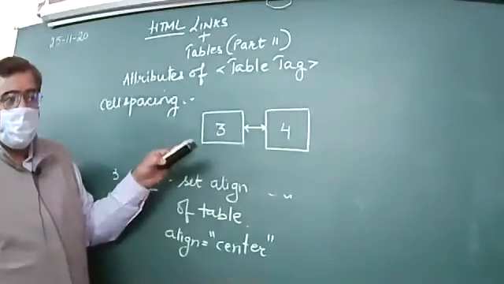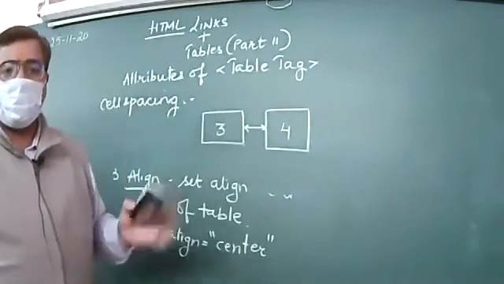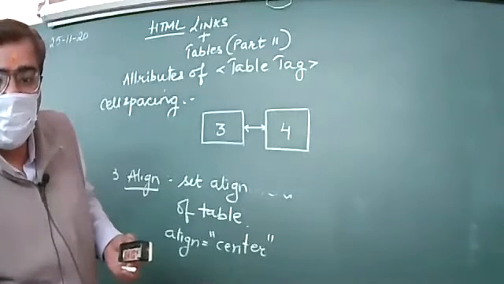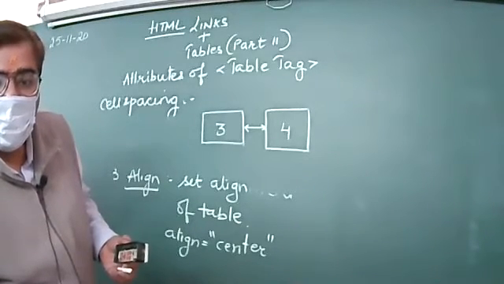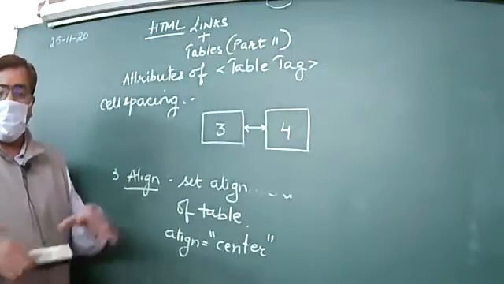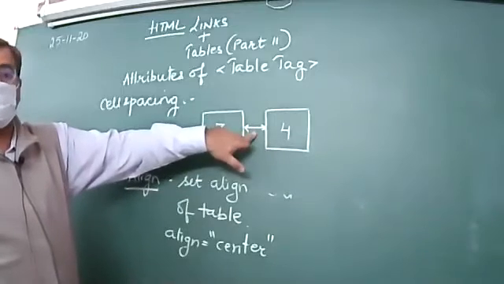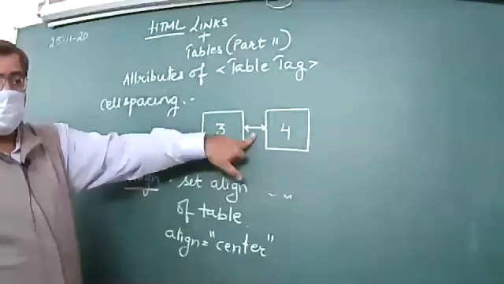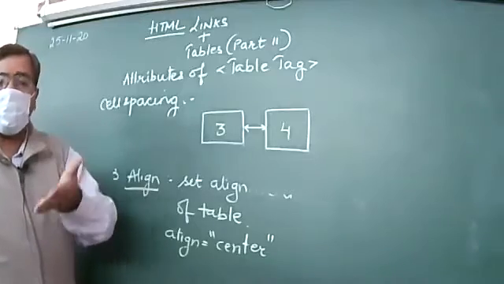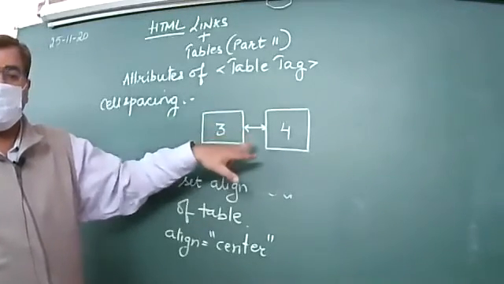Now, how to write a proper definition of cell spacing? Listen to what I am saying. Cell spacing is an attribute of table tag that is used to specify the space between two different cells in the table. What you people are writing, now I am speaking what you people write: cell spacing is used to give space in the cells.